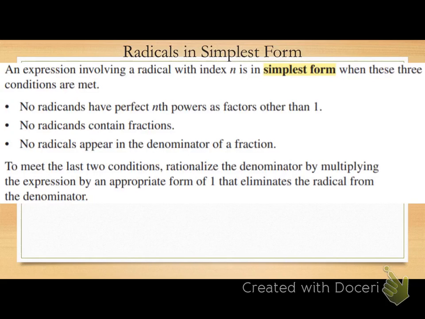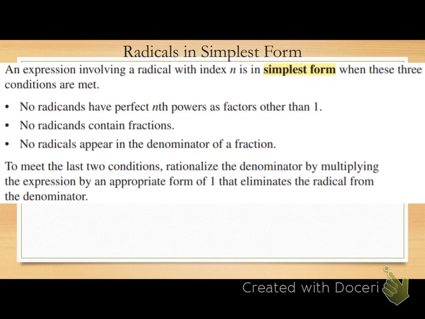No radicands contain fractions. I don't want a fraction under my radical. No radicals appear in the denominator of a fraction.